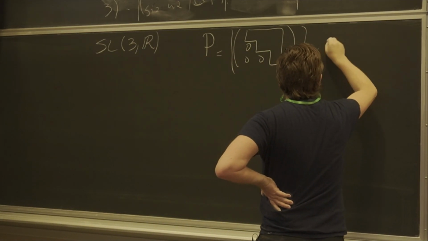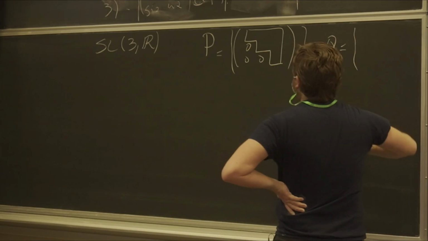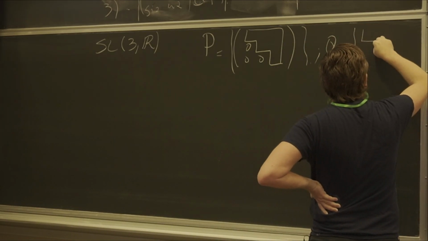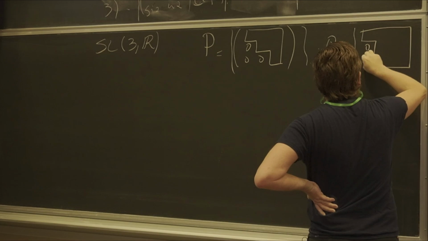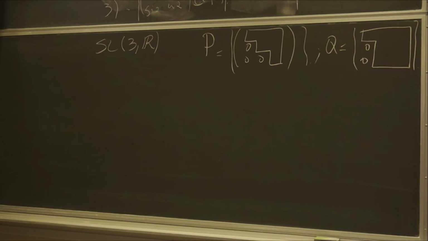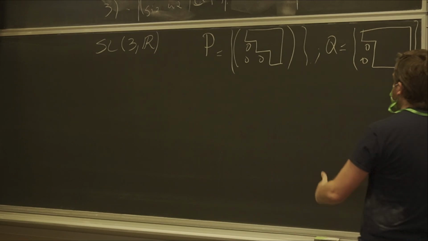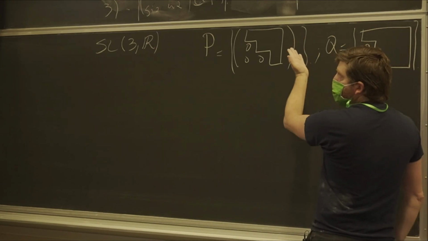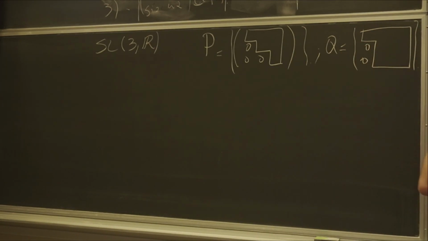And then you have another, the next guy, which is Q, which is this guy. And that's it, because after Q will come everything, so you cannot do anything else.